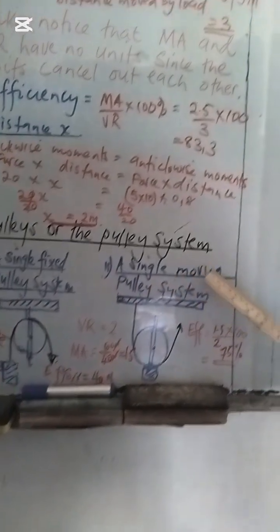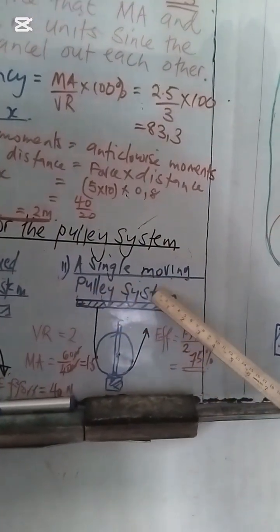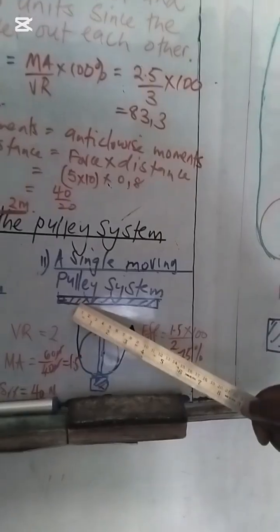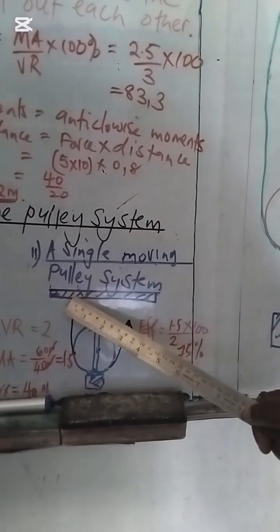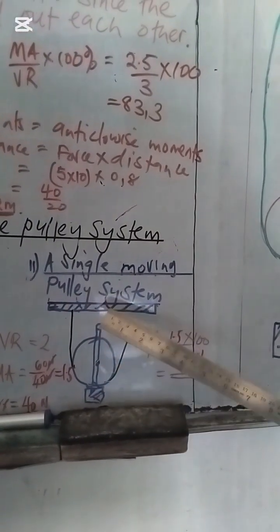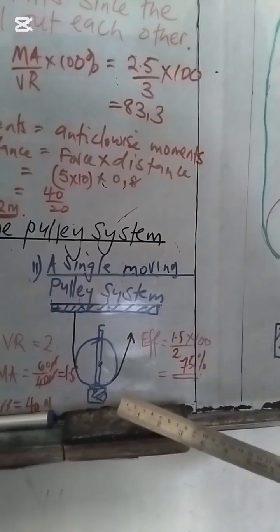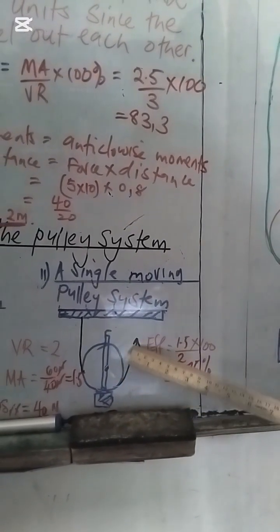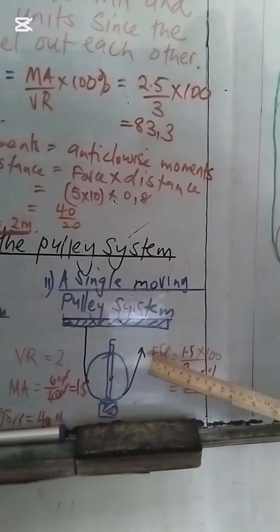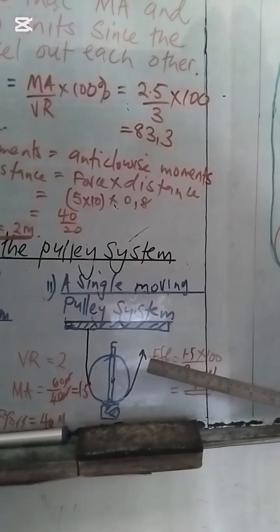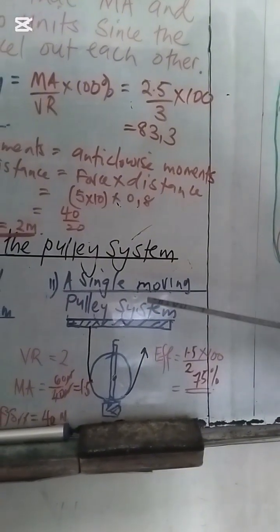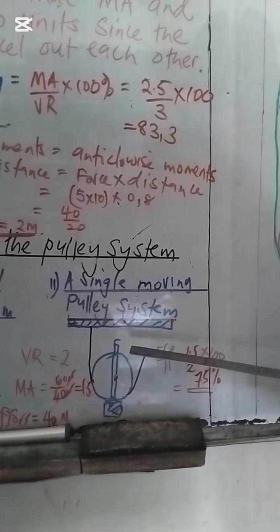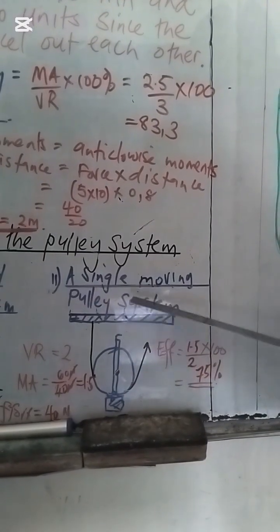Then the single moving pulley system: the string is attached to the top, then the pulley and the load are at the ground. A person operating the moving pulley will be at a raised position so that he is able to pull both the load and the pulley upwards.